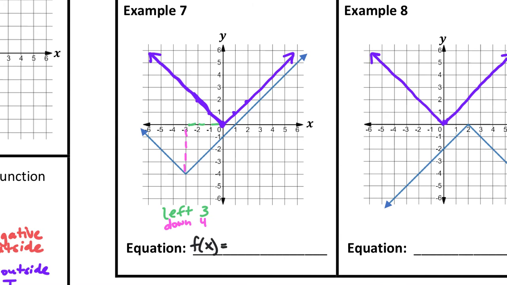It's going to be something like the absolute value of x plus 3, close the absolute value, then minus 4. Okay, so we're going to the left 3, down 4.